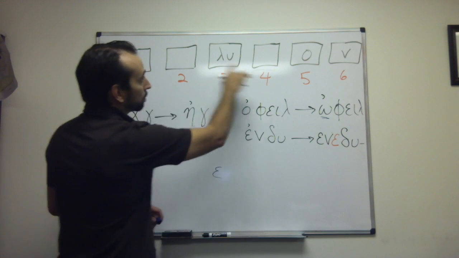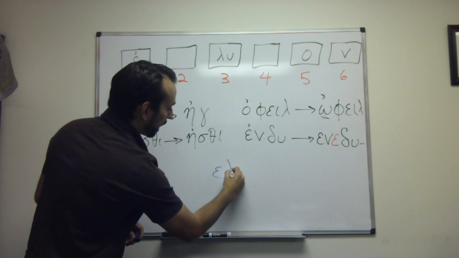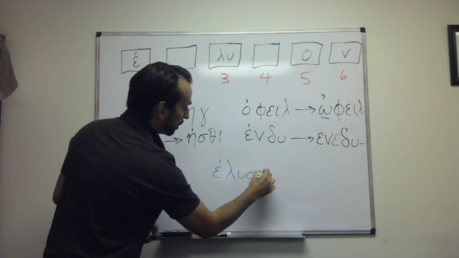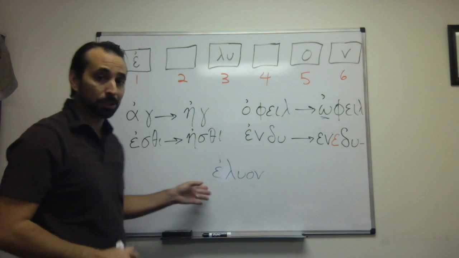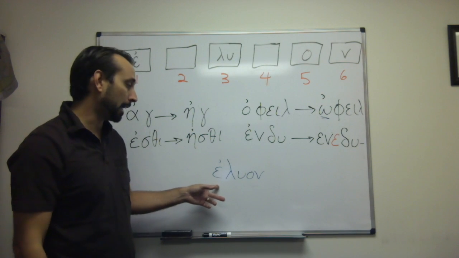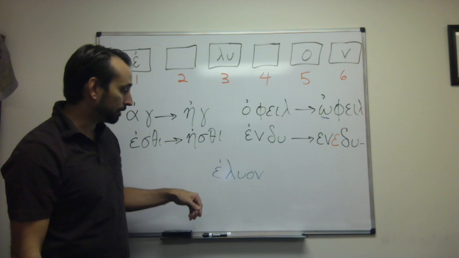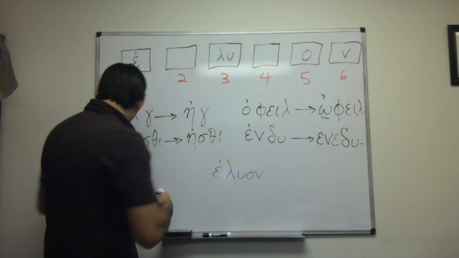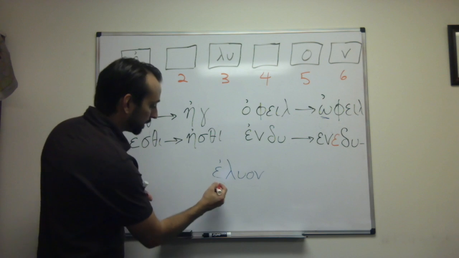Now, take this verb right here. If I were to write that out, this is how it would look. And if I were to parse this, it would be imperfect active indicative, first person singular.